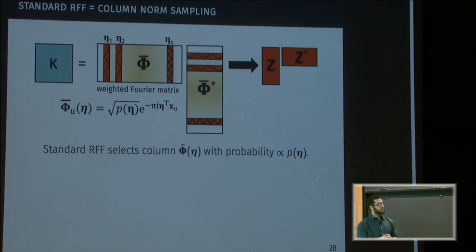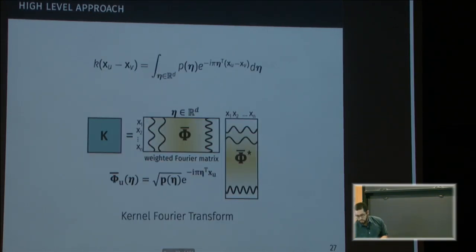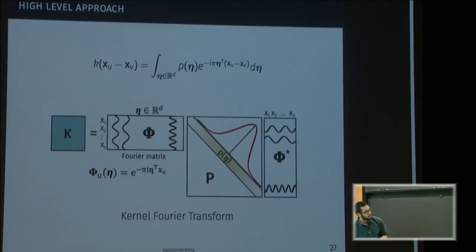What was the notation for the eigenvalues then? On the previous slide, the P of eta. The P of eta are the Fourier coefficients. Yeah, exactly. But when I have a factorization of this matrix K as two matrices, each of these columns is just n complex exponentials. So think of all of those columns with the same 2 norm.